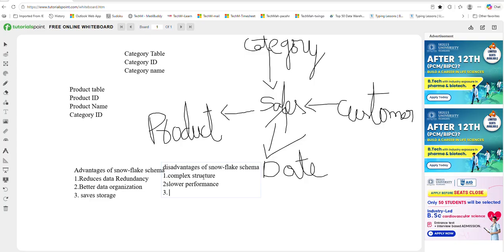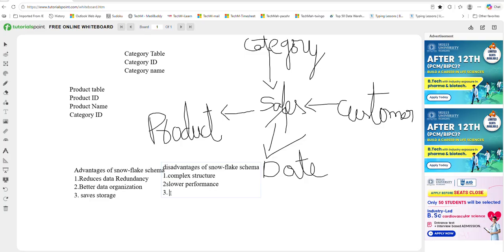That is why it is slower performance. I already said snowflake schema is the extension of the star schema, so here joins will be more. That is the reason it will reduce the Power BI performance, guys.